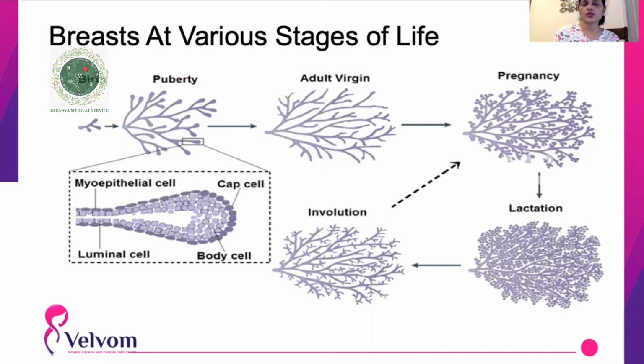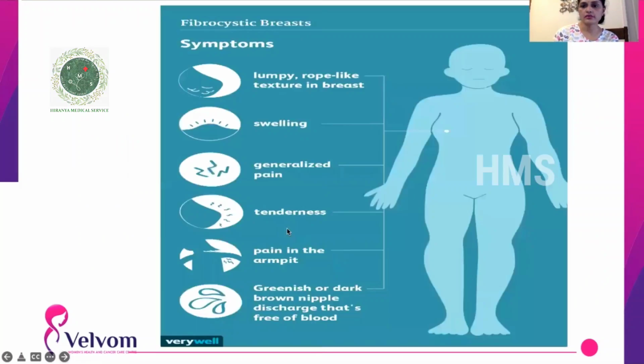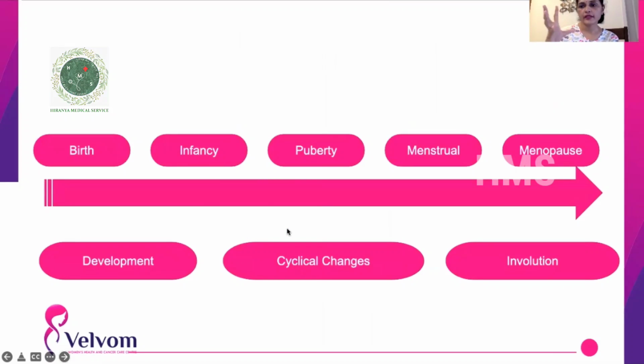Now, when you come to the breast, there is development and involution, but in between, the entire reproductive period, right from puberty till you reach menopause, the breasts undergo cyclical changes because of the hormones. These changes can occur in a precise mathematical way, which doesn't happen.